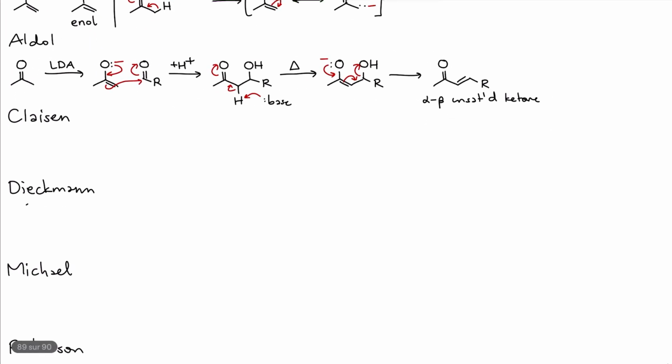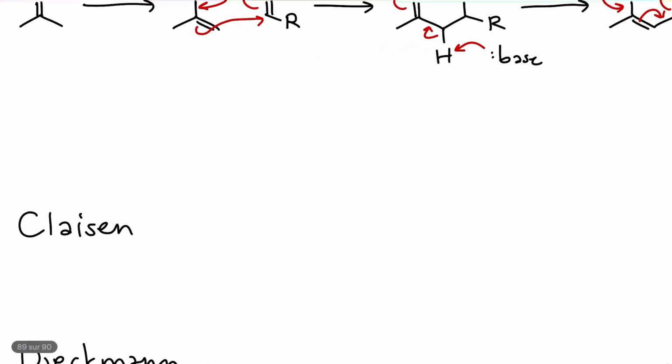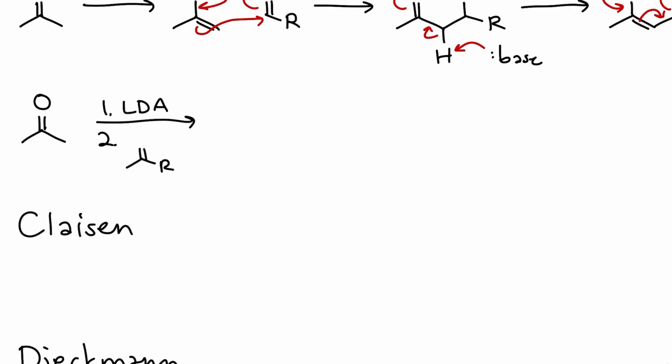So in general, let me draw a scheme. In general, if I have a ketone with LDA and an aldehyde, it's going to form something like this through the mechanism above.